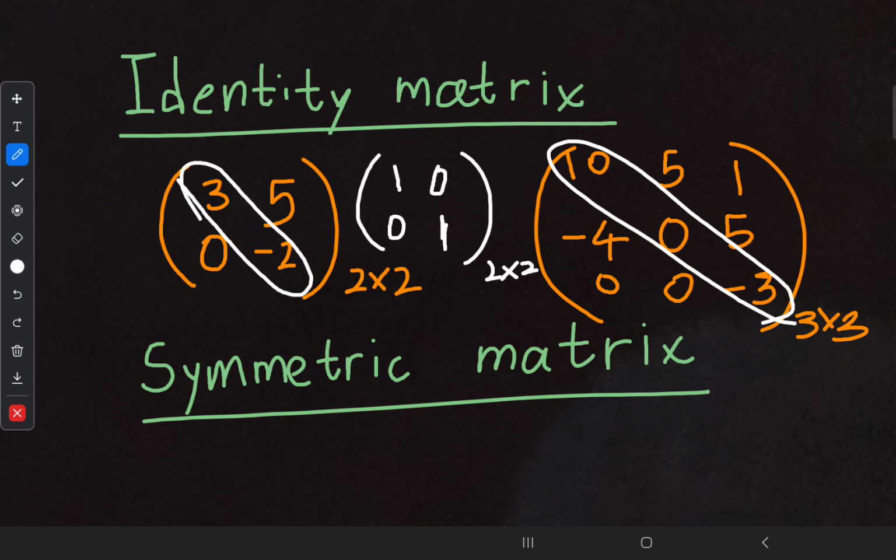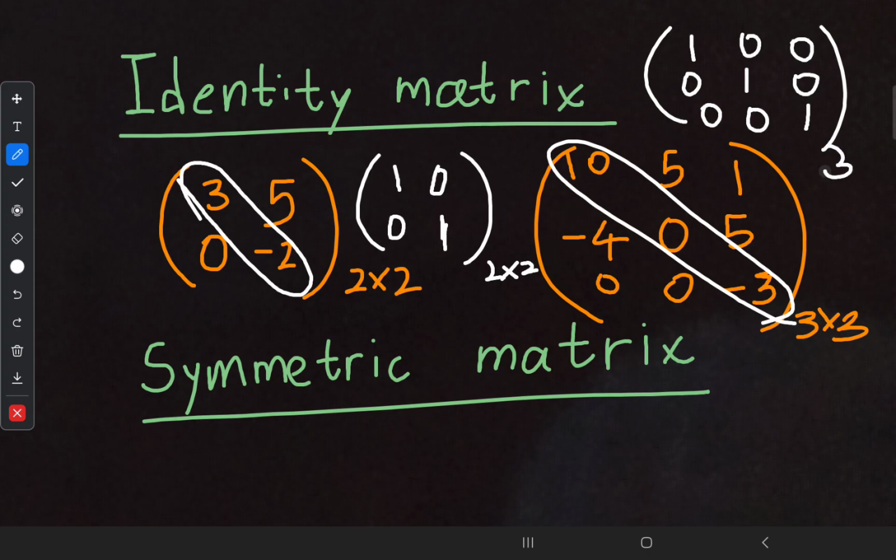The main diagonal should hold number 1: 1, 1, 1. All the remaining values should be 0. So here 0, 0, and on this side 0 and 0, so there are six zeros. This is our 3 into 3 identity matrix.